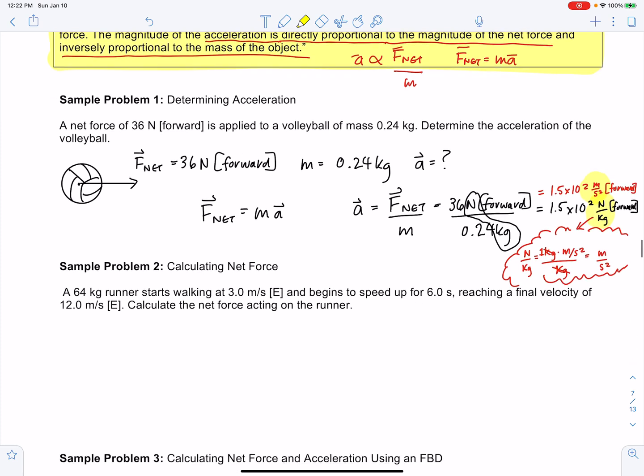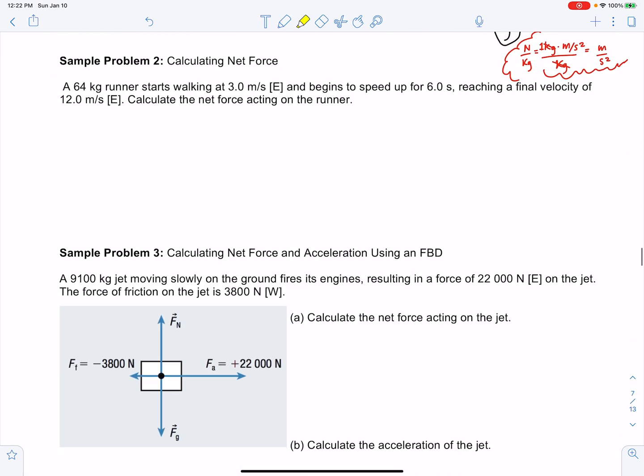Let's try another example. A 64 kilogram runner starts walking at 3 meters per second east and begins to speed up for 6 seconds, reaching a final velocity of 12 meters per second east. Calculate the net force acting on the runner.